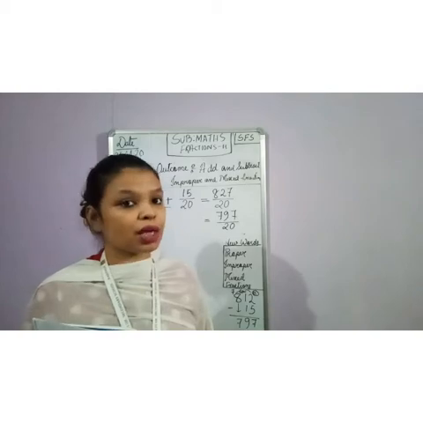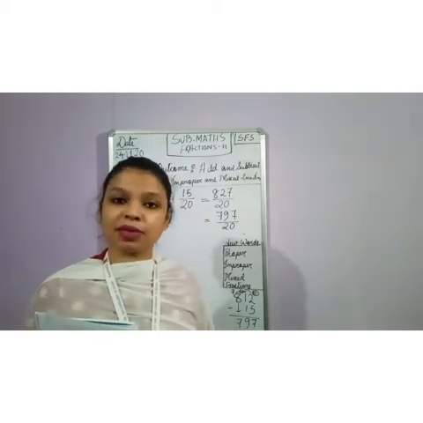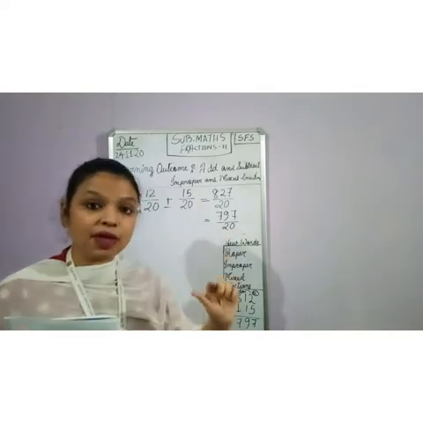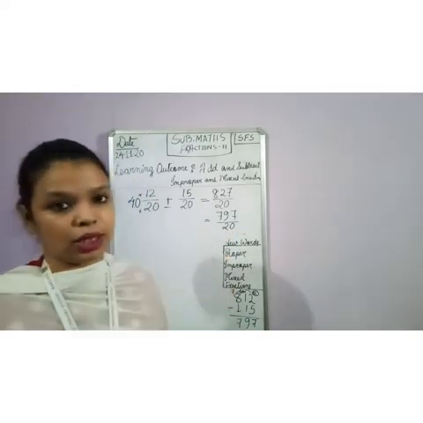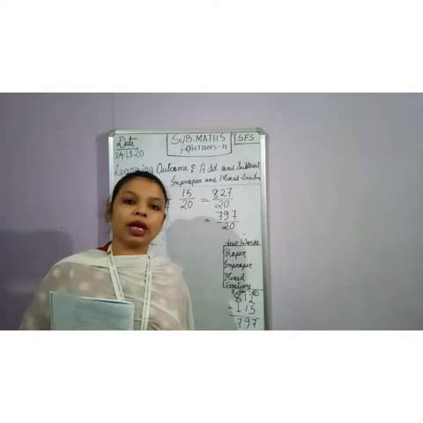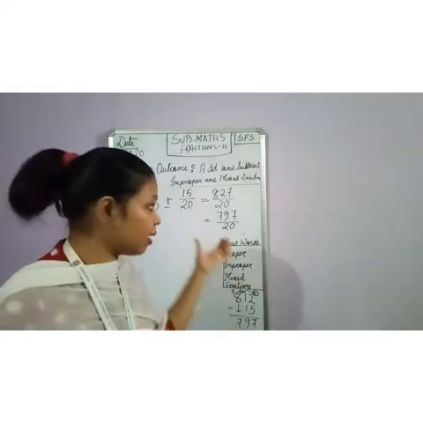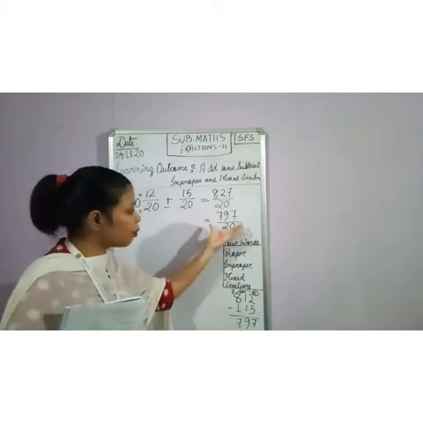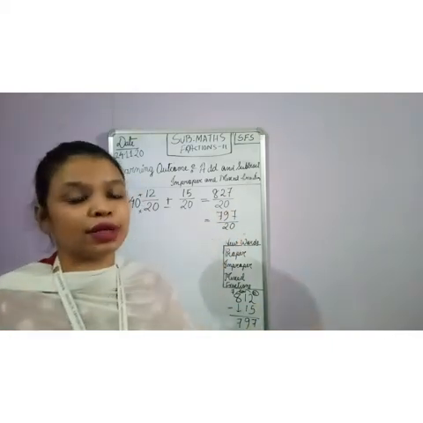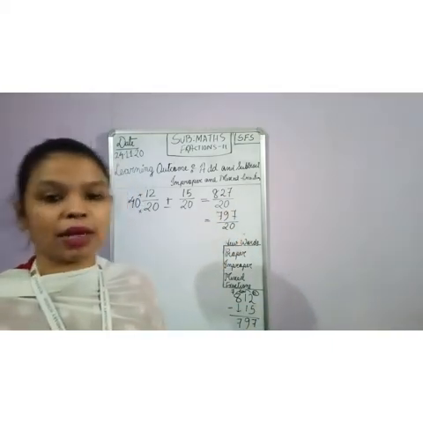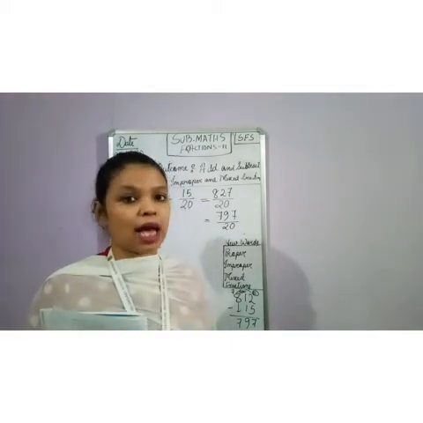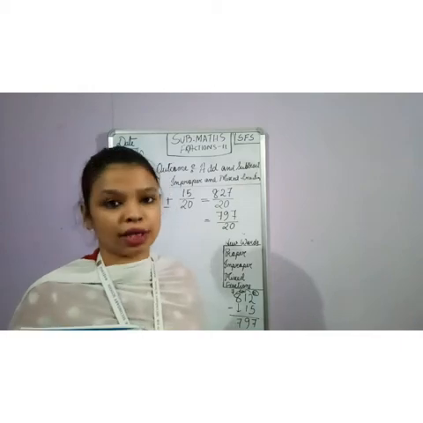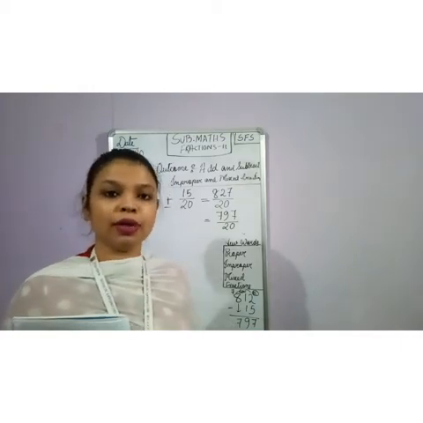The quotient becomes the whole, the remainder becomes the numerator, and the number by which you are dividing, the divisor, becomes the denominator. So in this way you can add and subtract improper and mixed fractions, and whatever improper fraction you get, you can convert it back into a mixed fraction if it is asked in the question. And a mixed fraction you can also convert into an improper fraction.